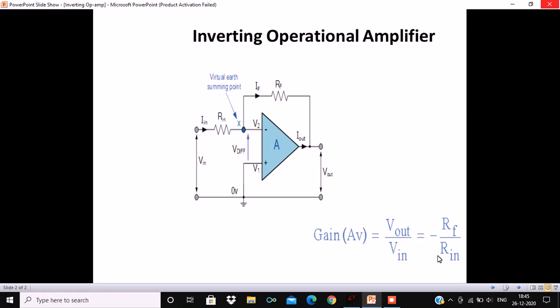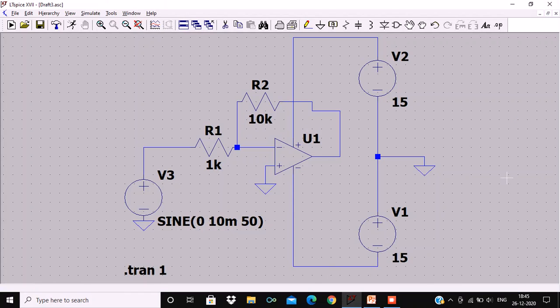Now, in order to draw this inverting operational amplifier, we will use LTSpice. This is the circuit diagram that we will make finally. Suppose we are expecting a gain of 10.